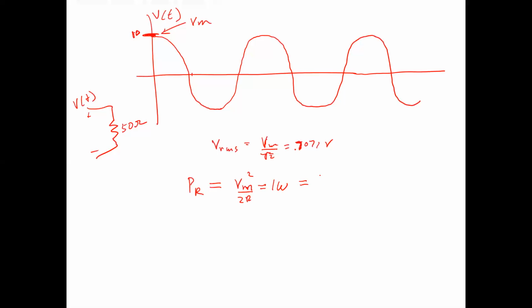But it should also equal VRMS squared over R. And VRMS squared is going to be, well, what's 0.707 squared? Sorry, VRMS is 7.07. 7.07 squared is 50, right?